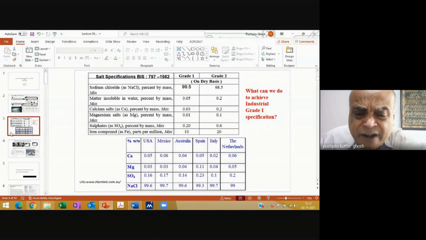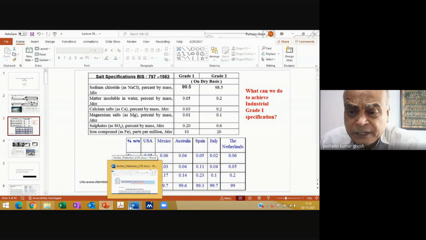So effortlessly in the field, mind you, without doing anything else, one could comfortably achieve these kinds of specifications. And so the value of the salt, you can imagine what it did and what it means also downstream in terms of reduced level of purification.